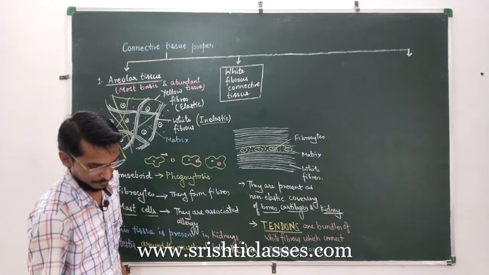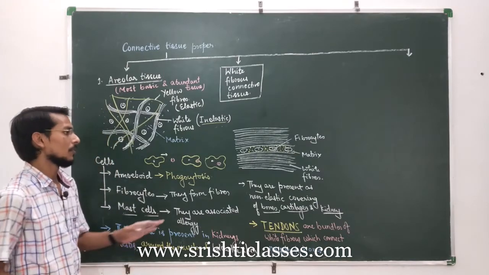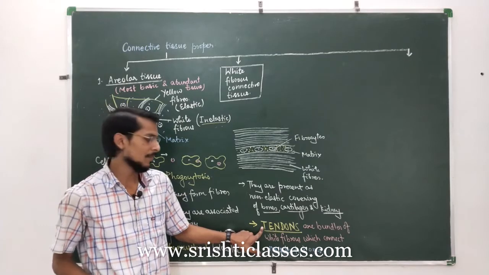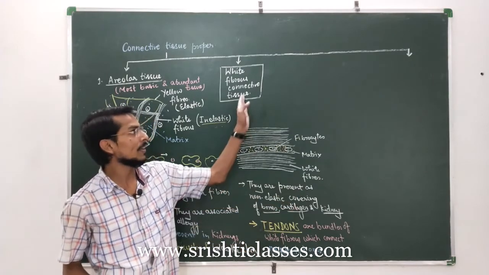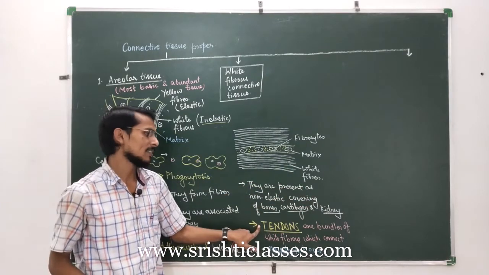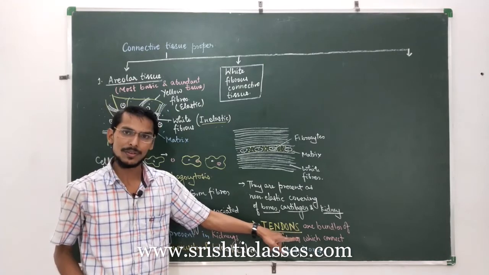Okay. So this term is very important, tendons. It is usually asked in exam because you will see in the next tissue that there is a term ligament which joins bone to bone. Tendons are bundles of white fibers which join muscles to bone.